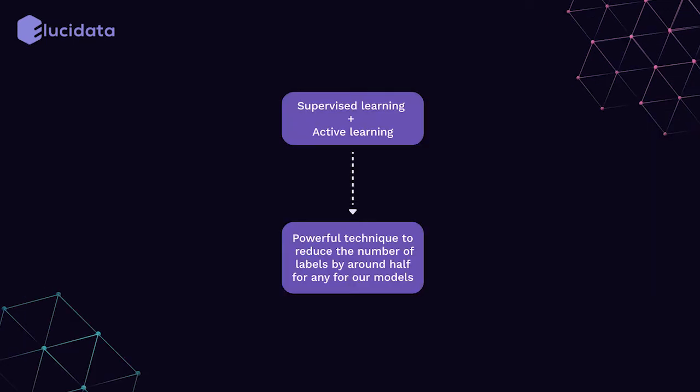As I said earlier, if you combine weak supervision with active learning, that is a very powerful technique to reduce the number of labels. We have been able to reduce the number of labels by around half for our models.